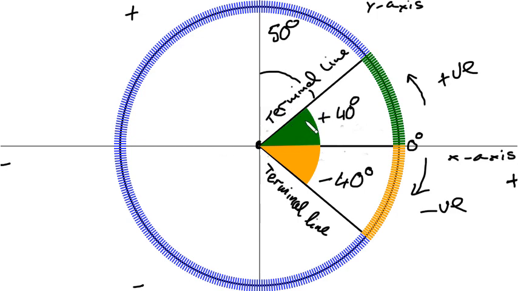So the supplement of this angle of 40 degrees is the number of degrees here, which we would need to add to 40 to make 180. So in this case, it's 140 degrees. So 140 degrees is the supplement, and 50 degrees is the complement of the angle of 40 degrees.